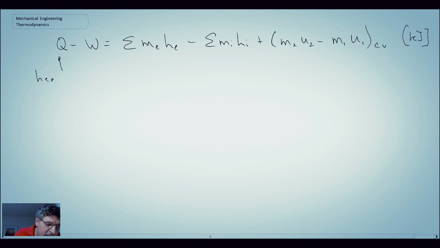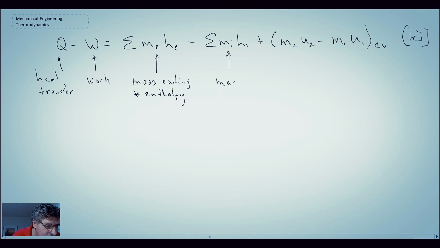So on the left we have heat transfer. Next is work. Then we have the mass that is exiting, and it is multiplied by the enthalpy of the exiting fluid. Next we have mass in times the enthalpy.